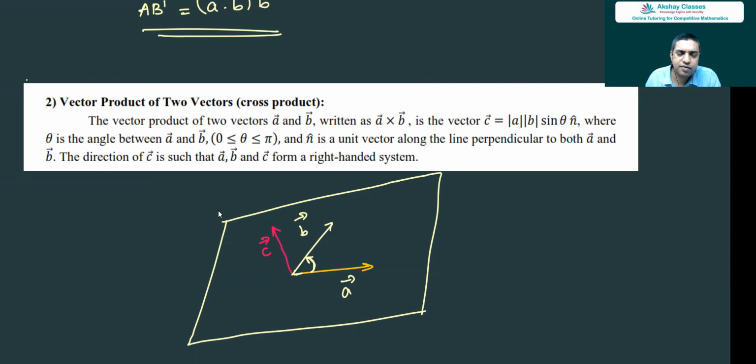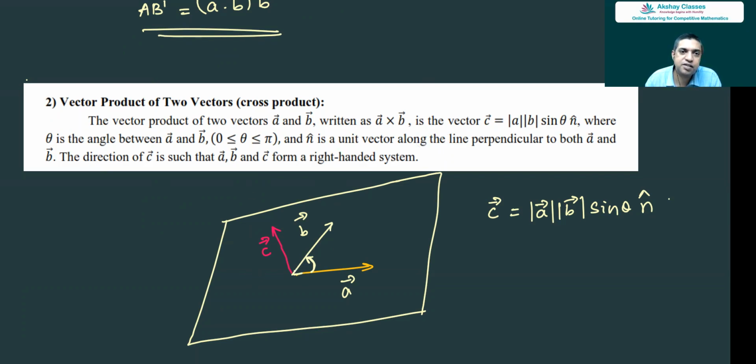So the cross product is a vector which is perpendicular to both A and B. That means it's perpendicular to the plane containing A and B. And the magnitude is mod A mod B sine theta, and the direction n cap, n is a unit vector along a line perpendicular to both A and B, and the direction of n follows the right hand system.